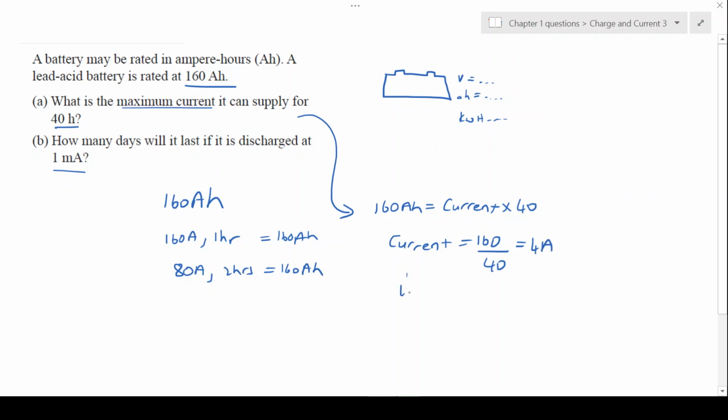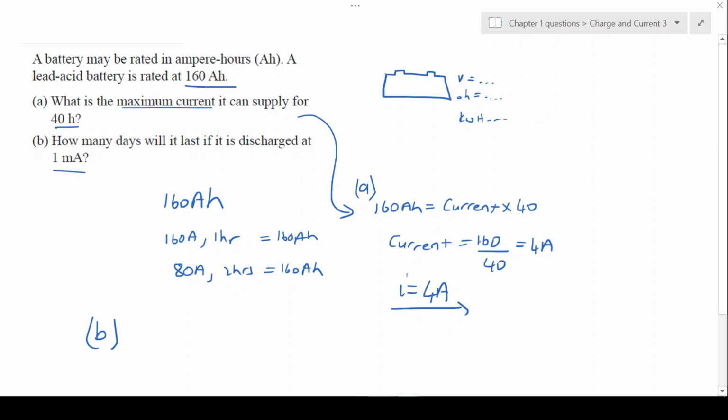Right, so the current I will equal 4 amps. I can draw 4 amps for 40 hours before the battery fully discharges. That's part A.